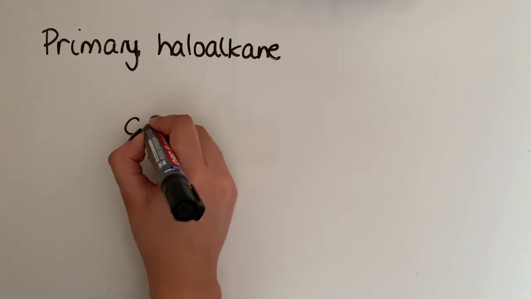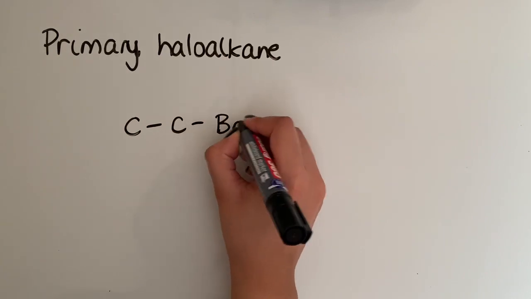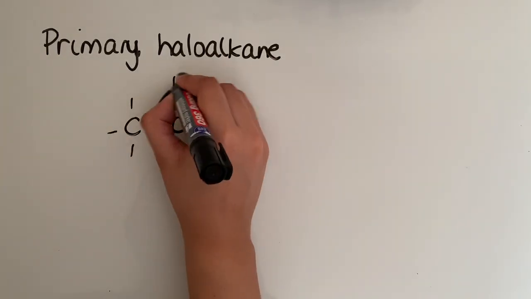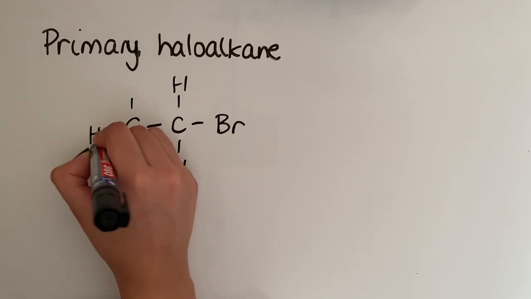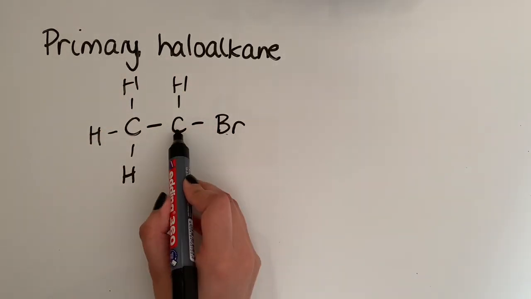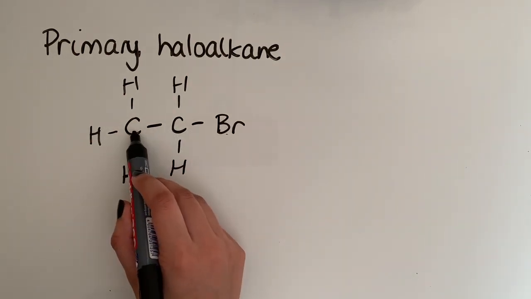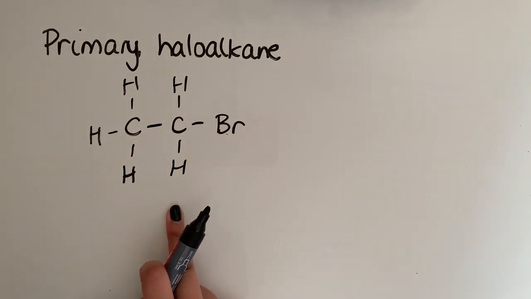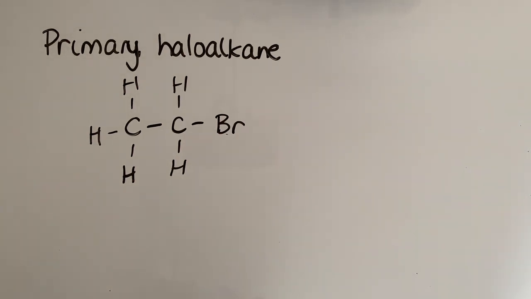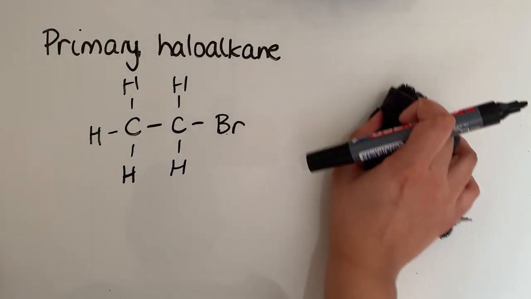A primary haloalkane is where the carbon to which the halogen is attached is only bonded to one other carbon. So this bromoethane molecule is an example of a primary haloalkane. We're not expected to know the reactions of secondary and tertiary haloalkanes, just primary haloalkanes. Let's now have a look at what's going to happen in this mechanism.